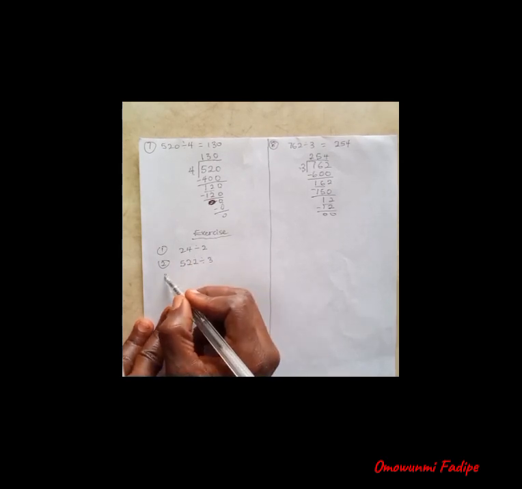Let me see if it is something that will not give us remainder. I don't want something that will give us remainder at the end. Yes, this one will not give us remainder.